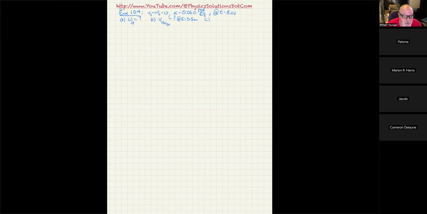And then part C, they want to know the tangential linear acceleration of the child. So A tan child equals question mark. And then part D, they want to know the centripetal acceleration of the child. So we're going to call that radial, centripetal. I don't want to use a subscript C for obvious reasons, since I've got a child there.